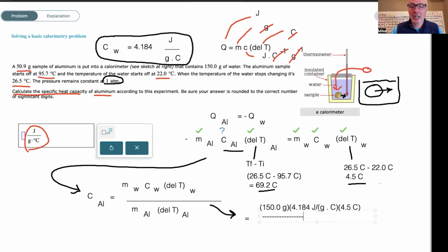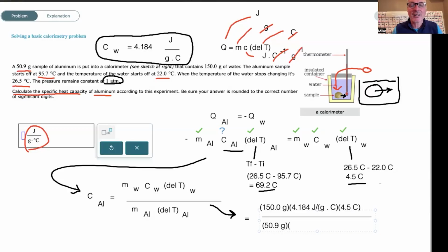Okay. What's in the denominator? I'm going to have the mass of aluminum, 50.9 grams. Okay.